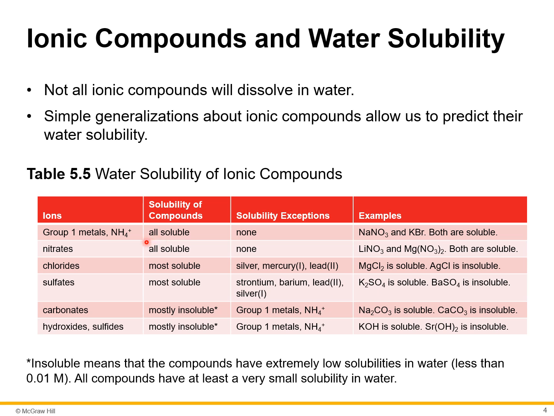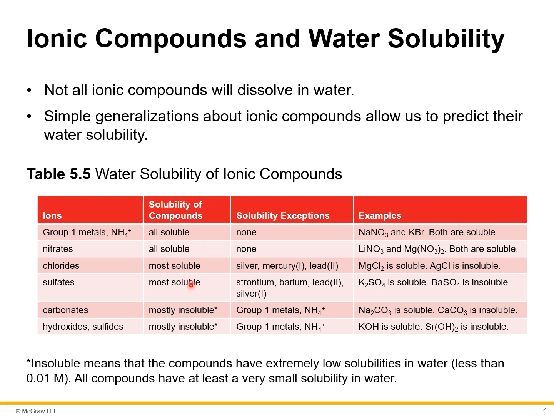For instance, this first one, group 1 metals, will be soluble in everything, no exceptions. If we look at chlorides, it's soluble in almost everything except with silver, Ag, mercury, Hg, or lead, Pb. Again, you don't have to memorize the exceptions, but you have to understand how to use the table.